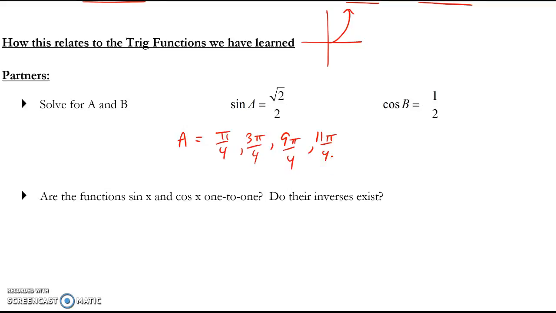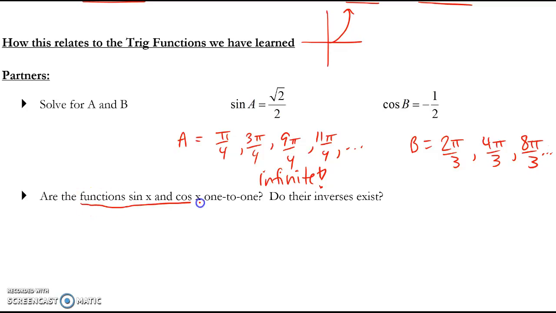We could go backwards around the circle and continue, and there are an infinite number of angles that have a sine ratio of root 2 over 2. The same thing is true for cosine equaling -1/2. To make this equation true, angle B could be 2 pi thirds. It could be 4 pi thirds. We could travel around the circle again and get 8 pi thirds, and so on.